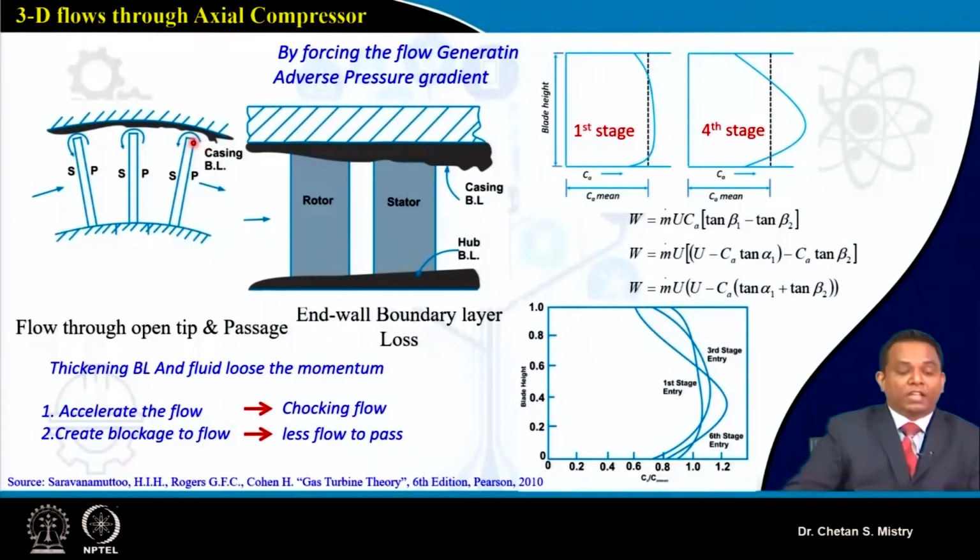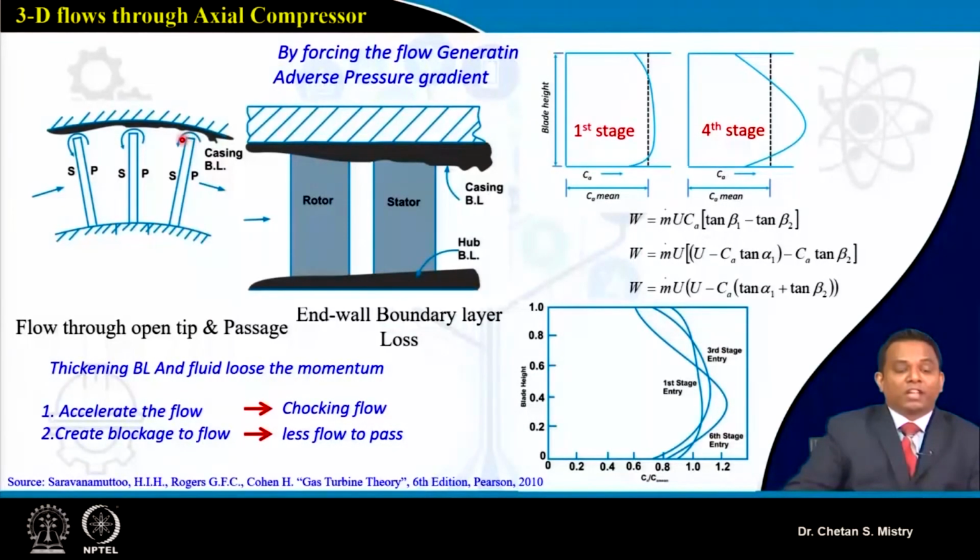If this is my blade, I have one side that is the pressure side, and on the other side a suction side. So my flow will move from pressure side to suction side, because we are providing a certain amount of clearance. This is a natural process that is bound to happen.